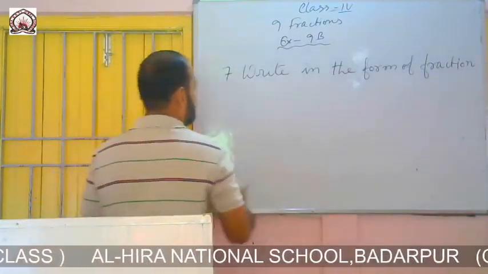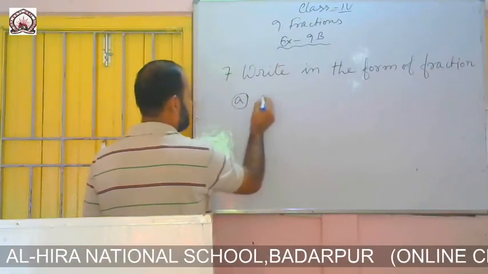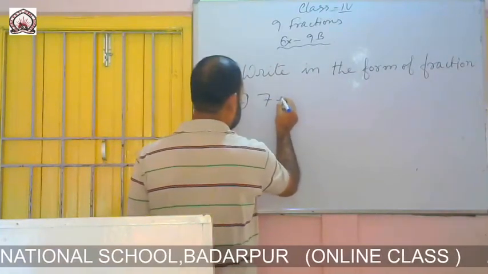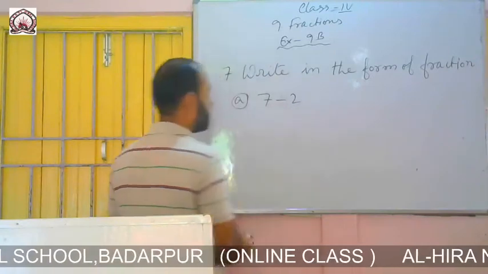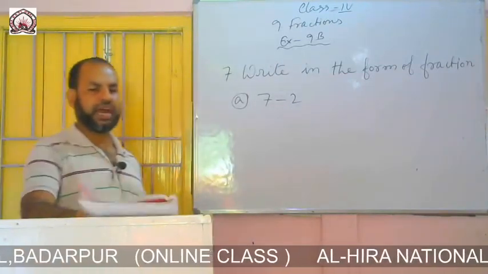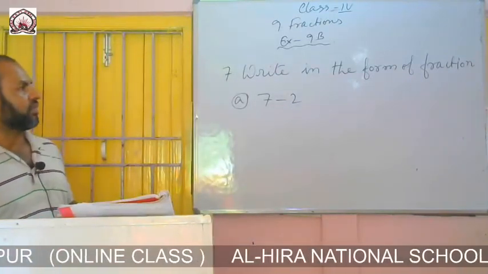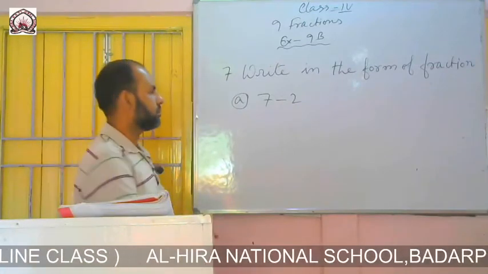So first question number A, 7 divide 2. 7 divide 2 we write as a form of fraction.